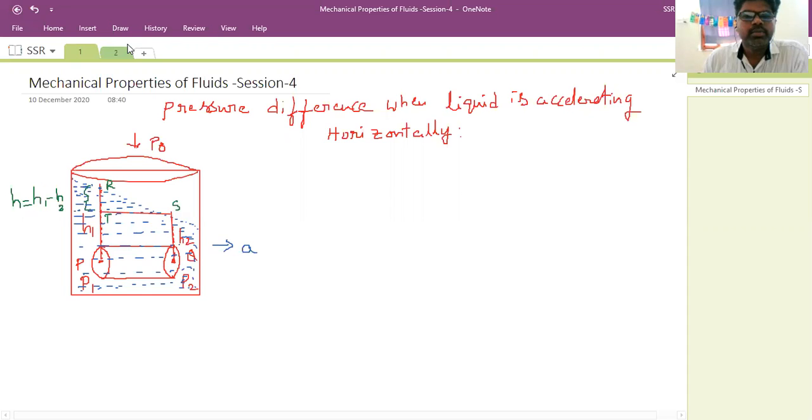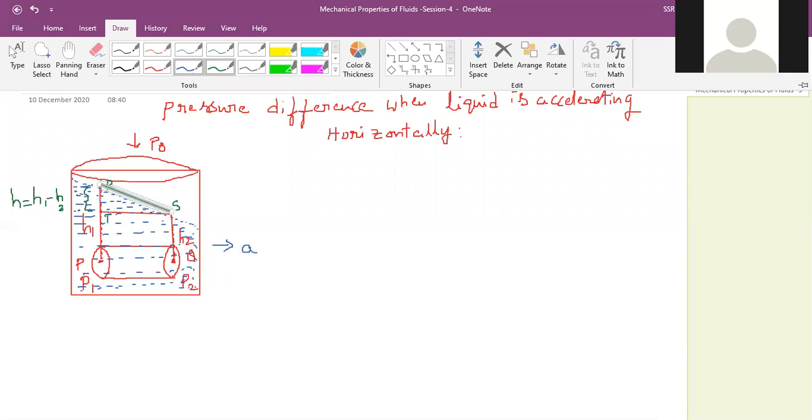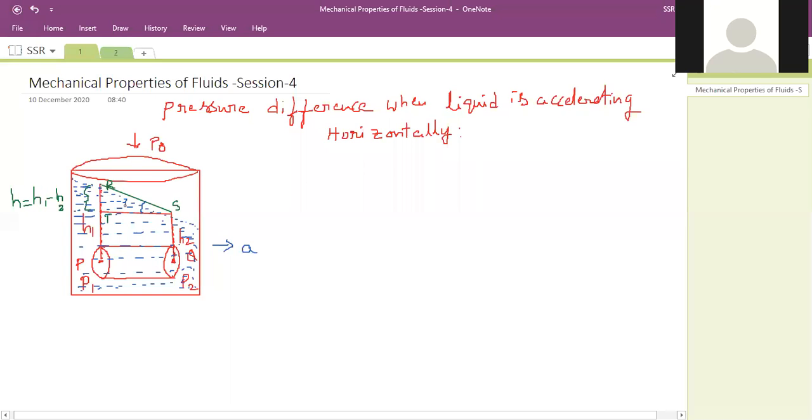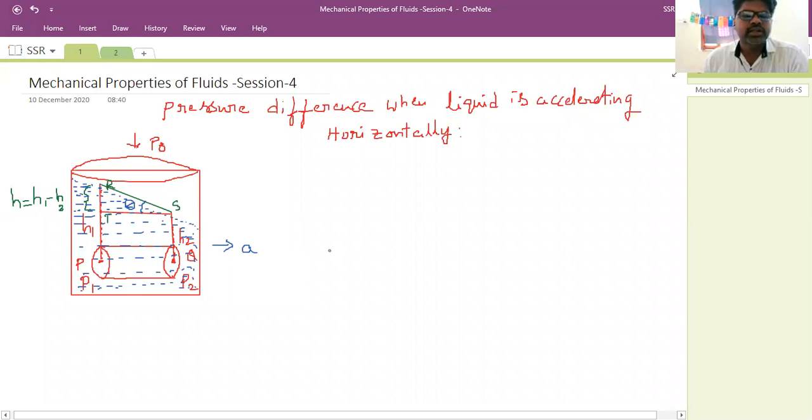It forms an angle theta here because of the horizontal acceleration. So this is about understanding this diagram.